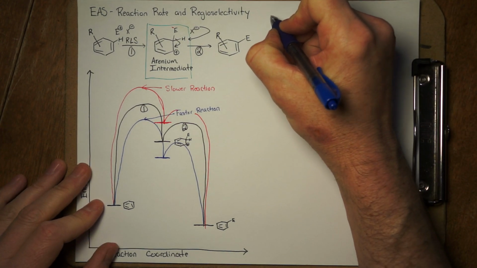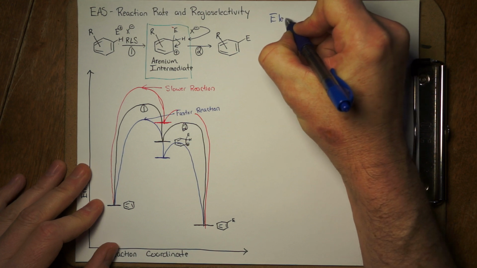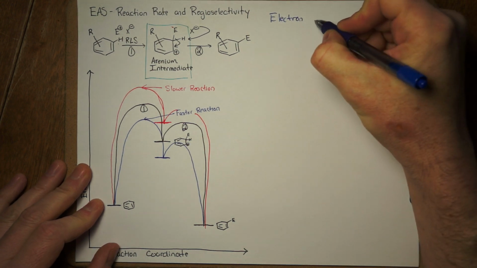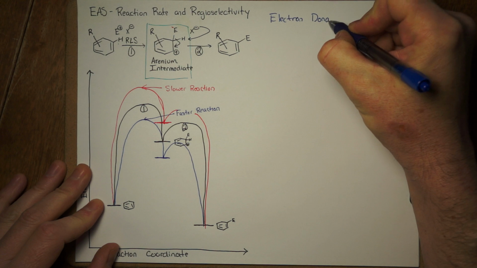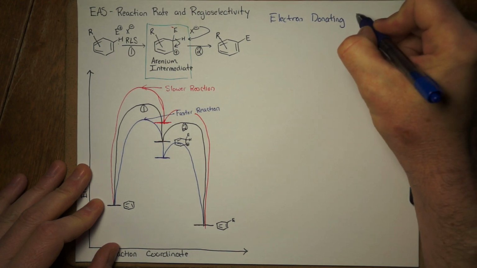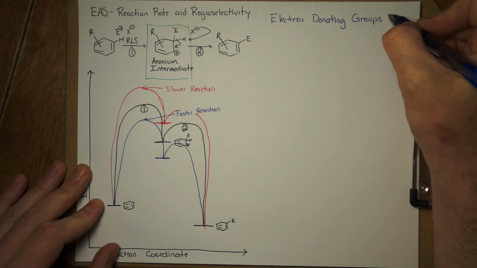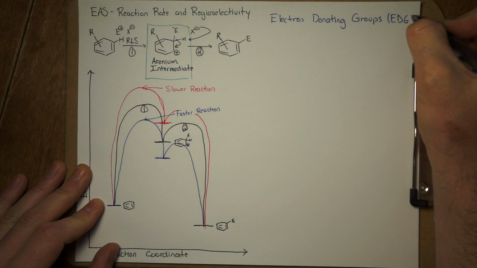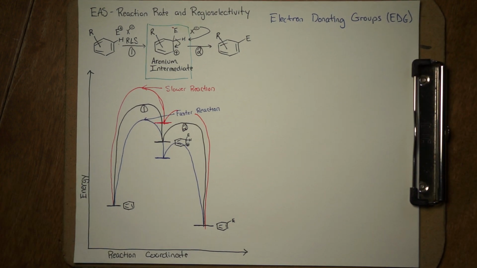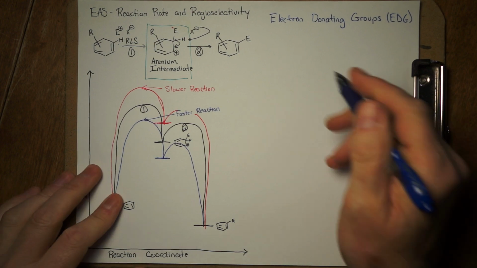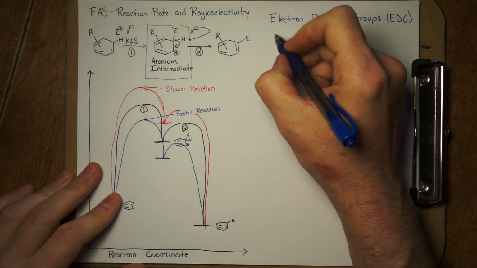as electron donating groups, or what we'll abbreviate as EDGs. So electron donating groups, let me draw some out here.